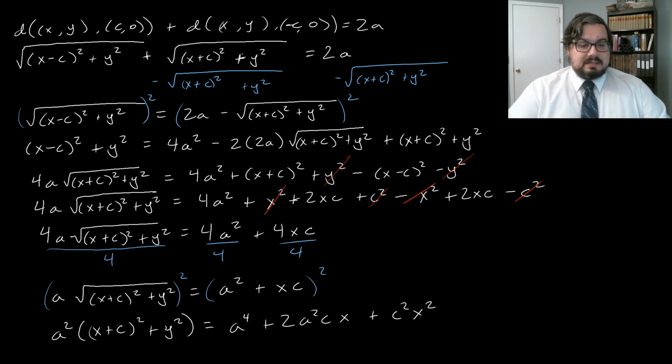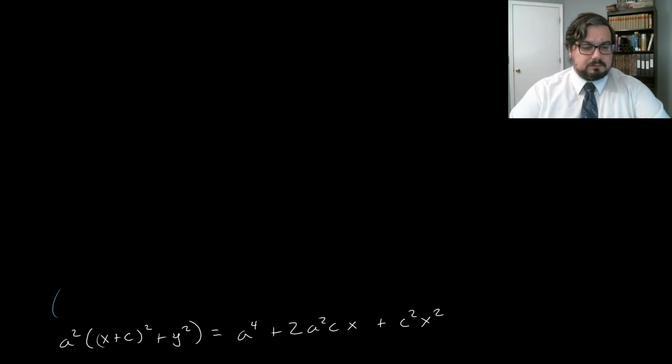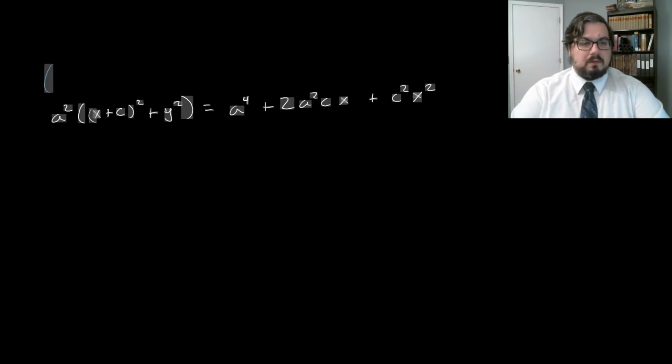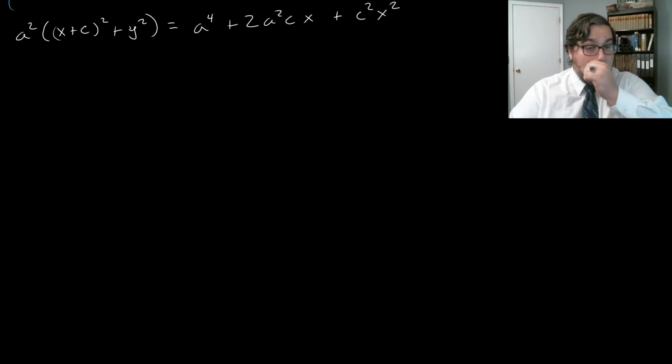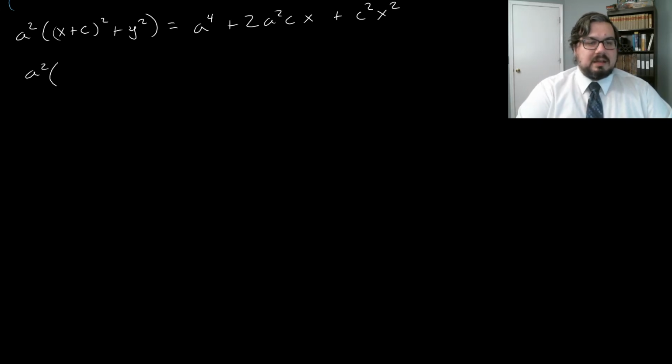So at this step, part 1 is complete. We wanted to get rid of the square roots, and we did. Let's copy what we've got so far and simplify it further. All right, so expanding things out on the left, we have a squared times (x squared plus 2cx plus c squared plus y squared).